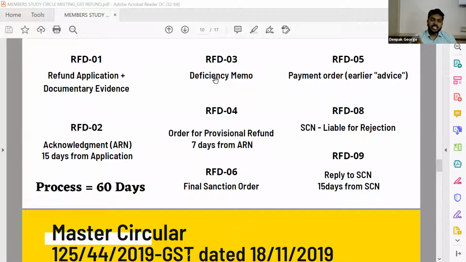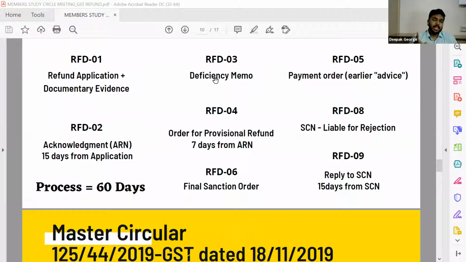Payment advice meant that, okay, if I'm claiming an IGST refund, which is the case for zero-rated supplies, the application file will go online to the central officer sitting outside Kerala.